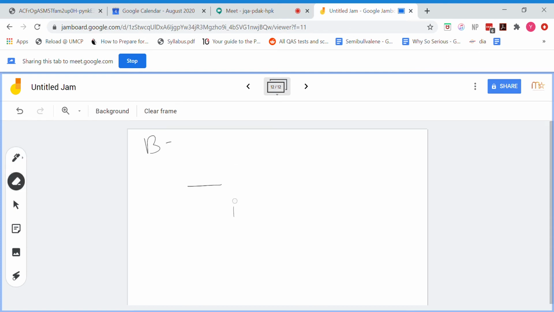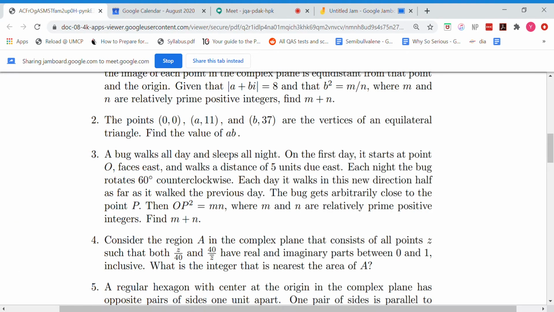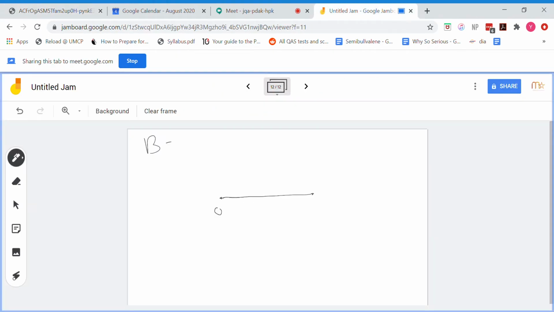Let's do it without coordinates first, just a normal geometry problem. So we start here at O, then we go 5 units east, and we'll call this point O1. Then we rotate 60 degrees counterclockwise and move 5 halves units. So this is 5, this is 5 halves. This is O2. Rotate 60 degrees again.